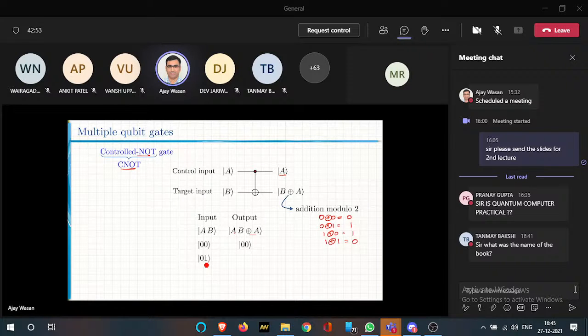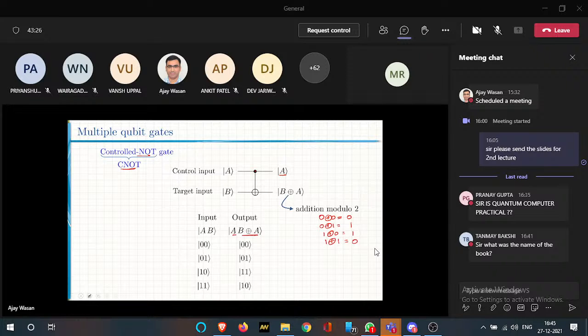When we have an input 0, 1, what will be the output? 0, 1. Very good. And when we have 1, 0, then what is the output? 1, 1. Very good. And then we have 1, 1, then? 1, 0.